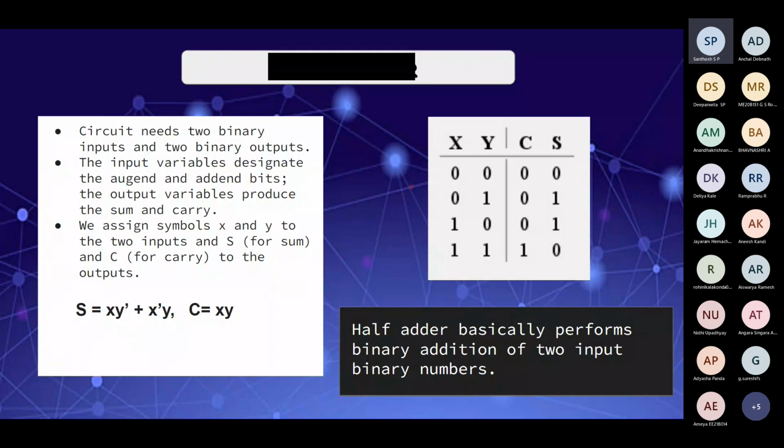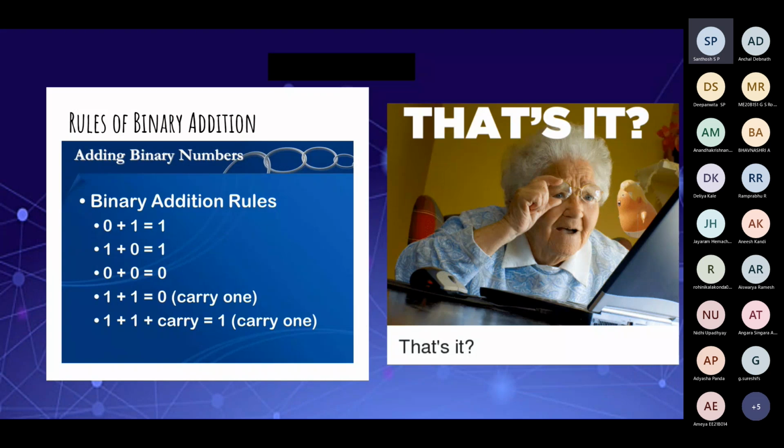X and Y represent the augend and the addend bits. In the previous part, we saw these rules as 0 plus 1 equals 1, 1 plus 1 equals 0 plus carry over 1. These inputs we can designate using the variables X and Y, and the outputs can be designated using the symbols C and S.